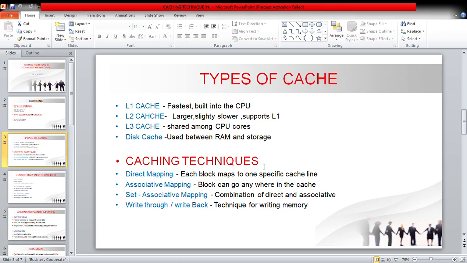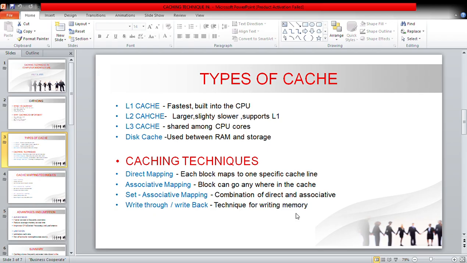In associative mapping, a block can go anywhere in the cache. Set associative mapping is a combination of direct and associative. The last one is the one I'll be hitting most: write-through and write-back technique. When we say write-through, the data is written simultaneously to both the cache and the main memory.